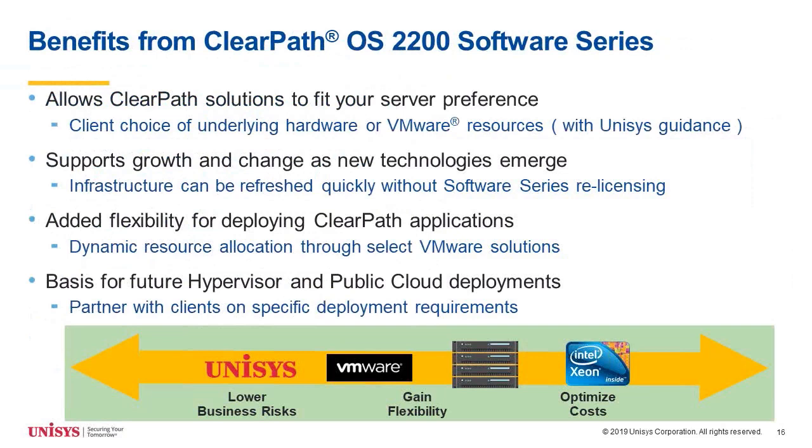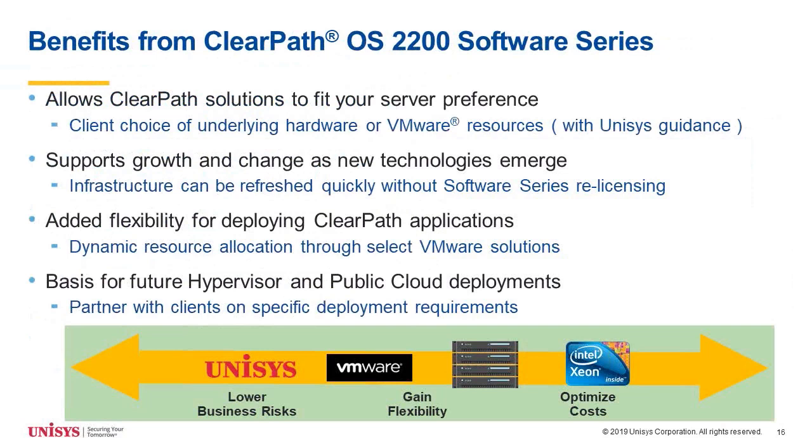It can support growth as new technologies emerge or as your requirements emerge. If you want more memory for your OS 2200 environment, you're in charge of that. Just configure more memory as available through the infrastructure and then set that up through software series.